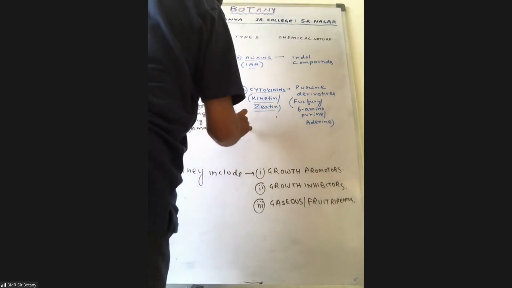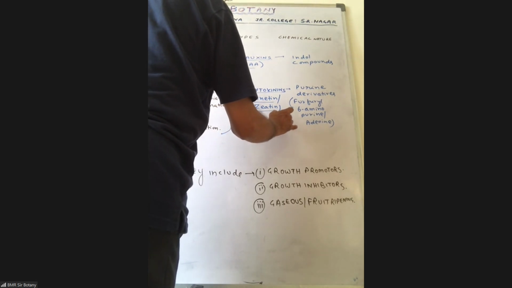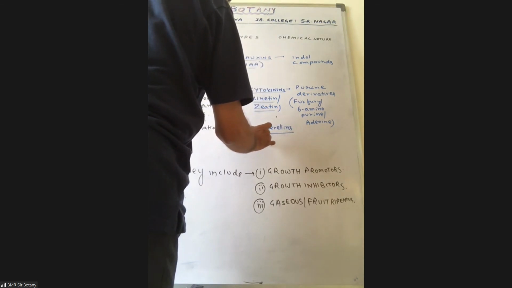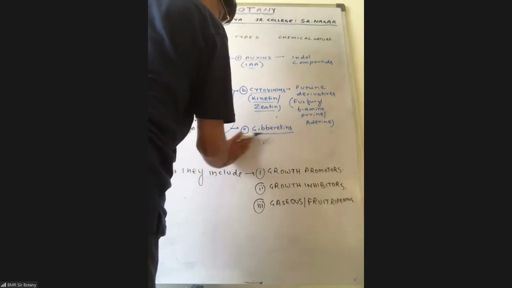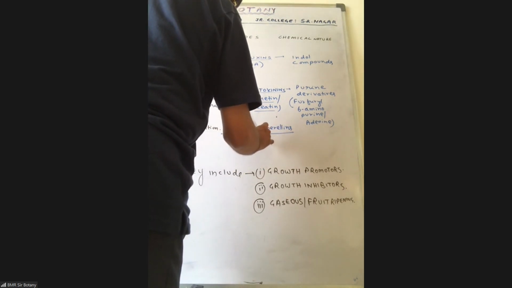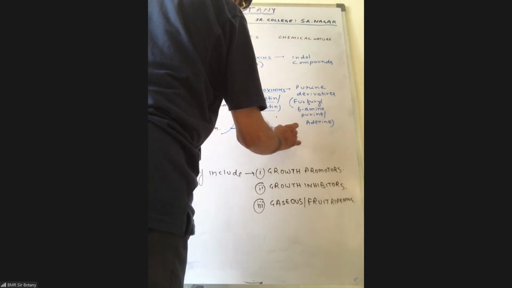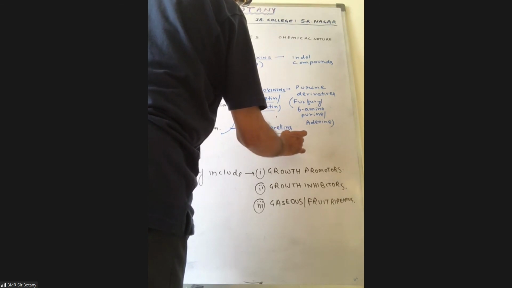The third within these, gibberellins. These are terpenoid compounds. The best example is gibberellic acid, GA3.